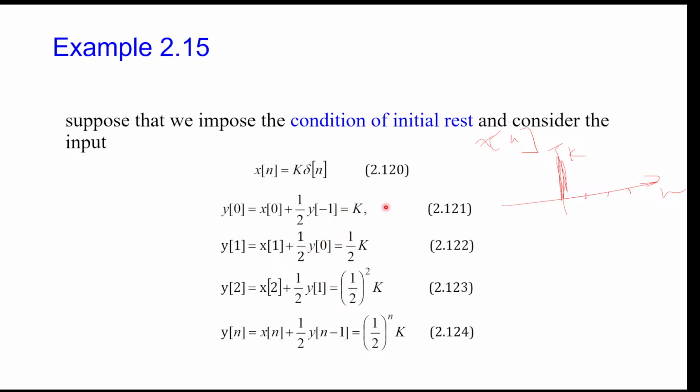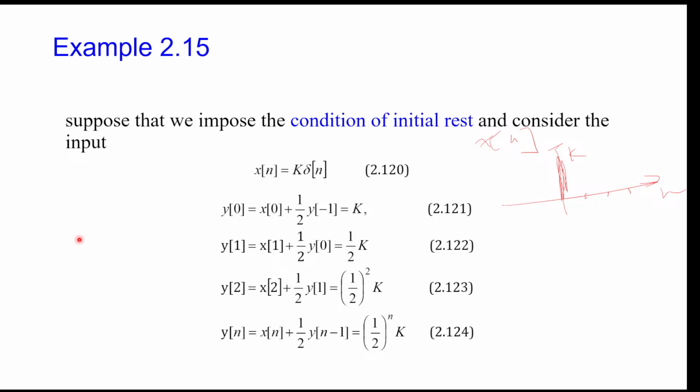And y of 0 was k, so this is 1/2 k. Now that we know y of 1, we can calculate y of 2, which will be 1/2 of y of 1, so it's 1/2 squared k. So you see that this recursion gives you y of n equals 1/2 to the n times k.